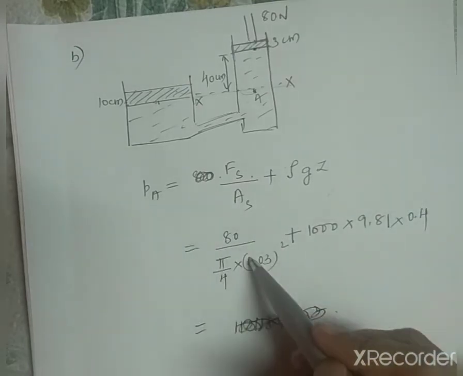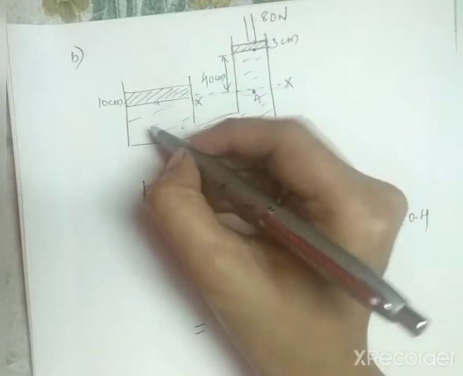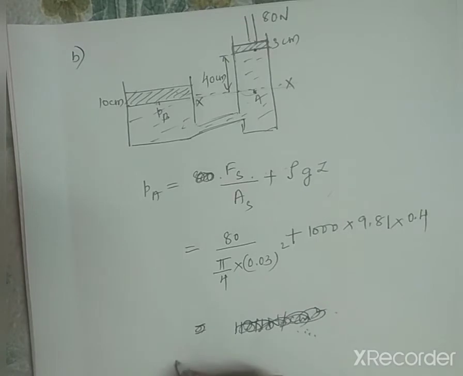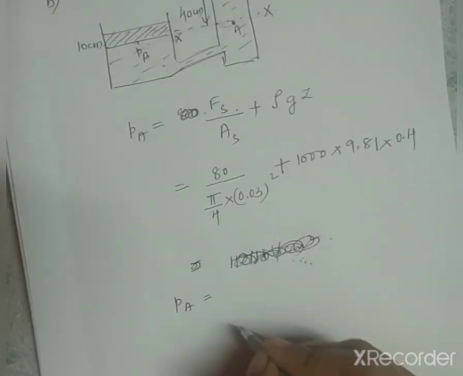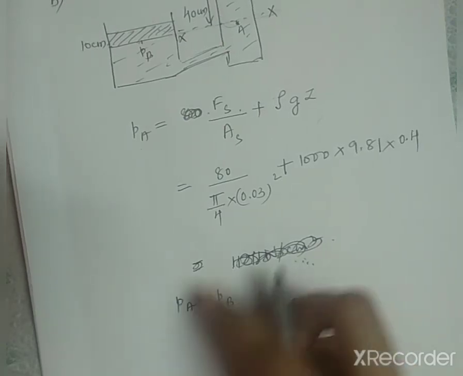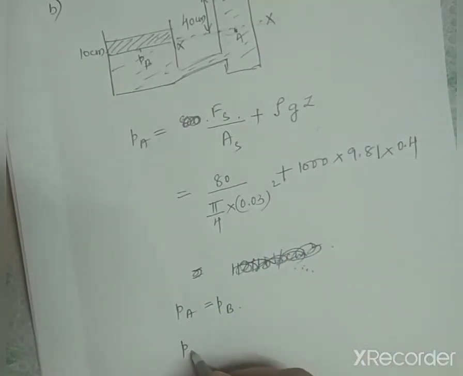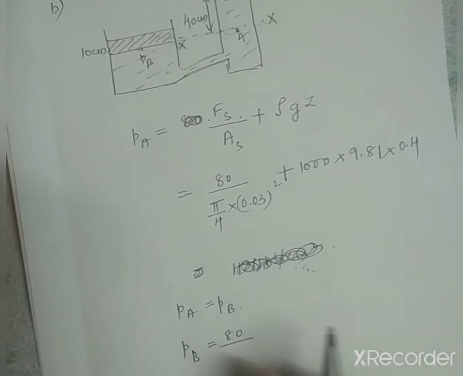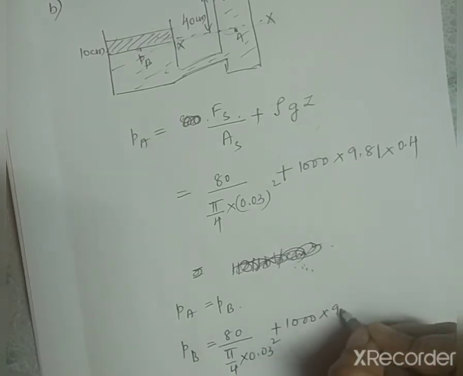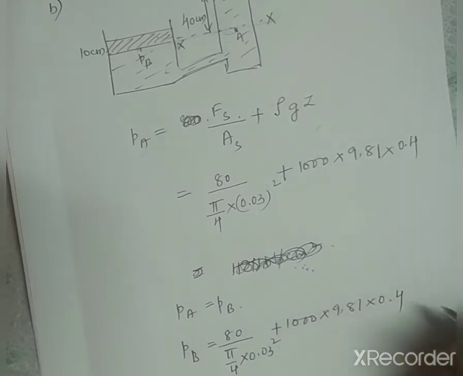So this should be equated with what? The pressure intensity at B, which is the same. So you know that PA is equal to PB. PA you already got the value here. So now I will write PB is equal to that value: 80 divided by pi by 4 into 0.03 square plus 1000 into 9.81 into 0.4.